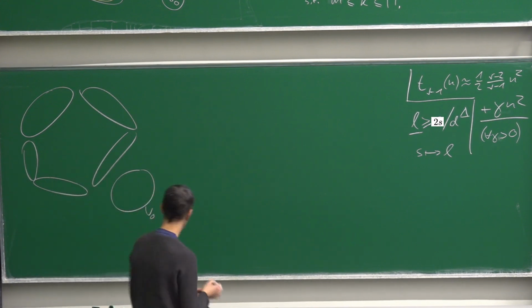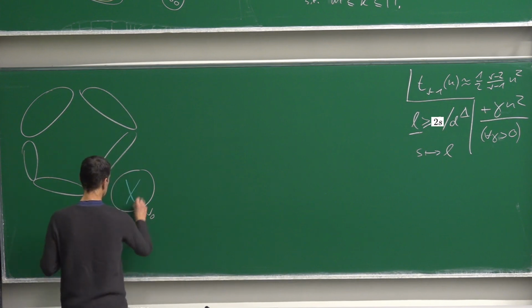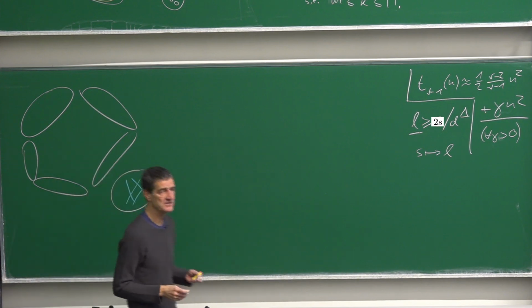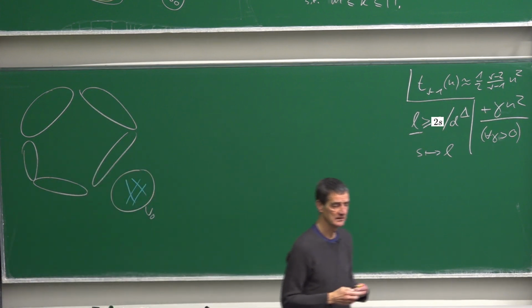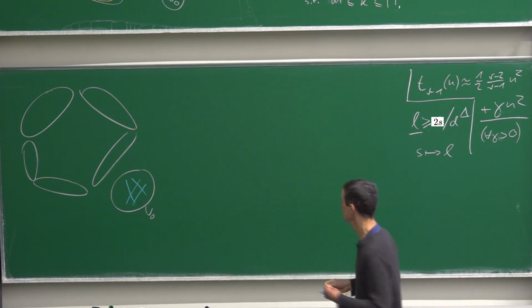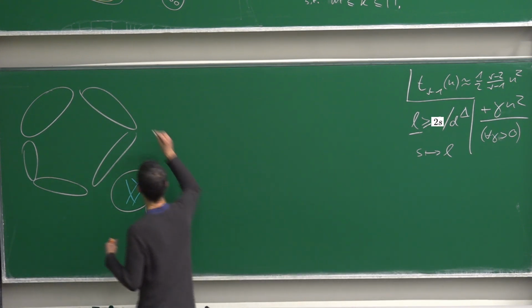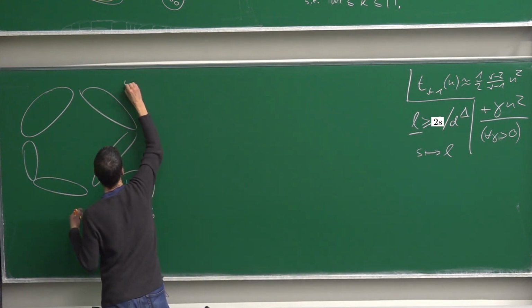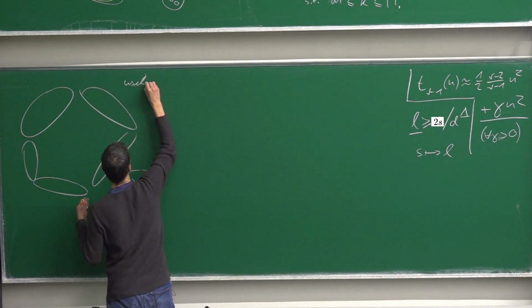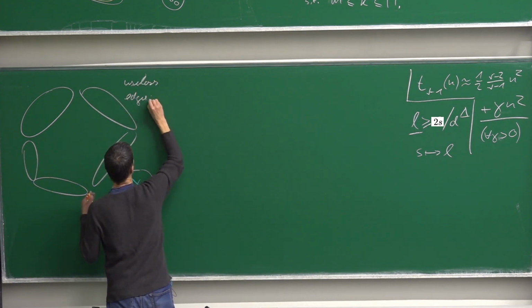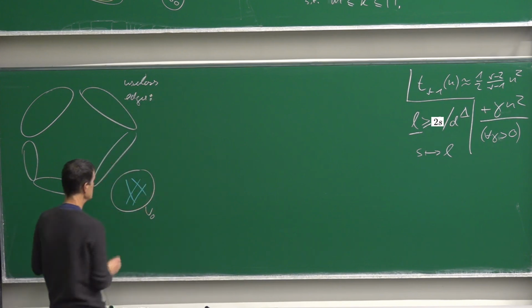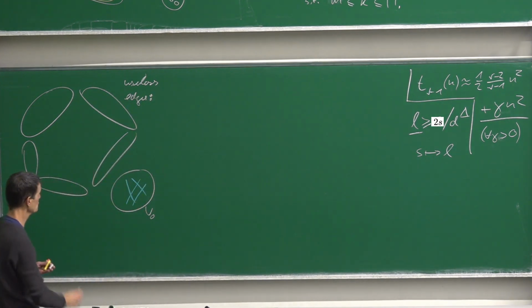So how many edges can there be on useless edges? How many edges can there be on V0?